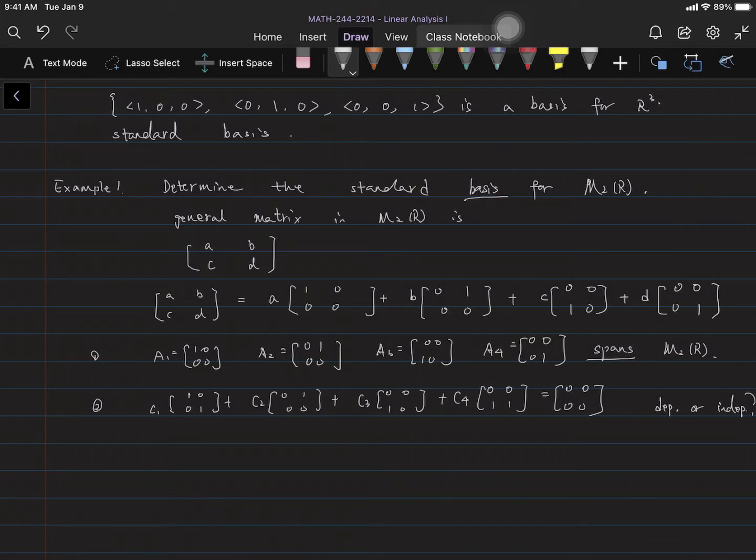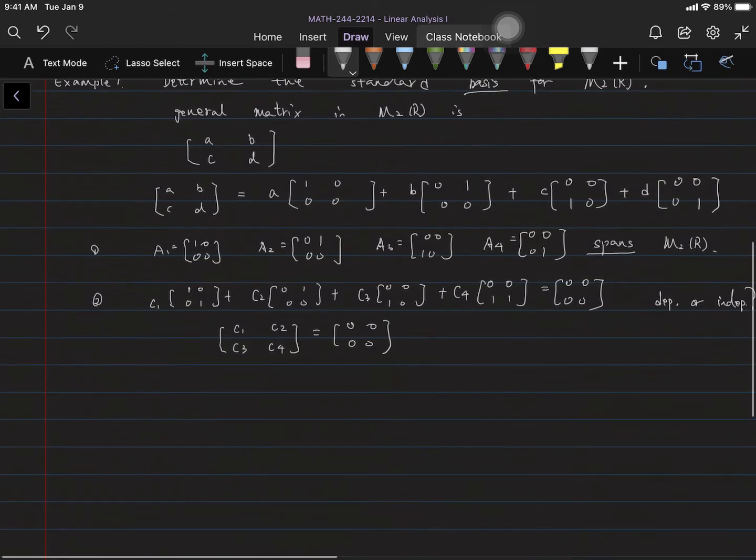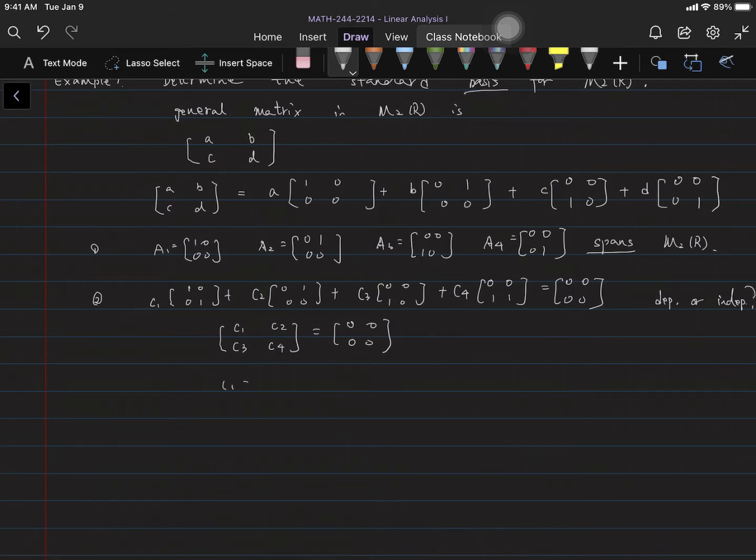When we add all those matrices together, we get what? C1, C2, C3, C4, and this equals 0, 0, 0. What does that mean? That means all the C have to be zeros. If they are all 0, for the linear combination, if we can only find the 0 C, that means they are independent, right?